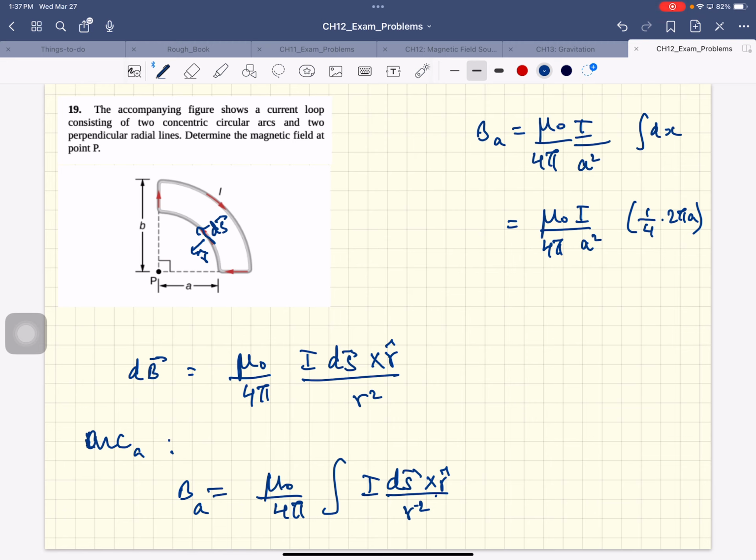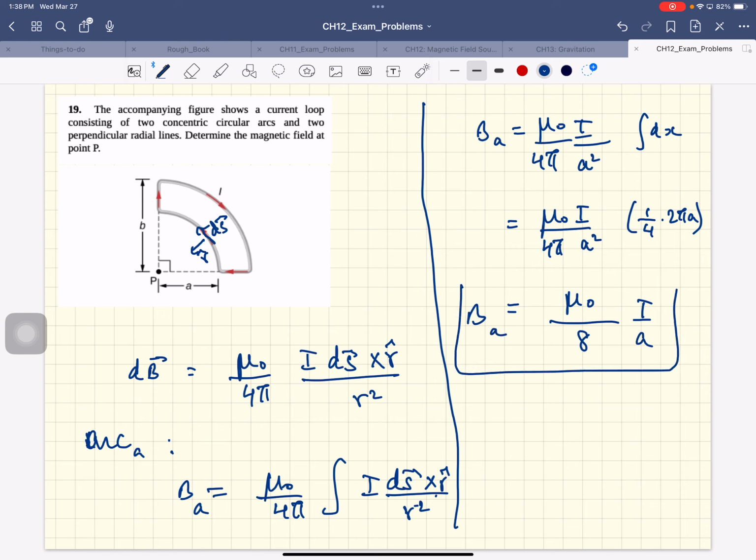So what this is, mu naught, and that leaves a 2, 8, mu naught over 8, I over A. Okay, so this is the field due to this circular arc at that point.